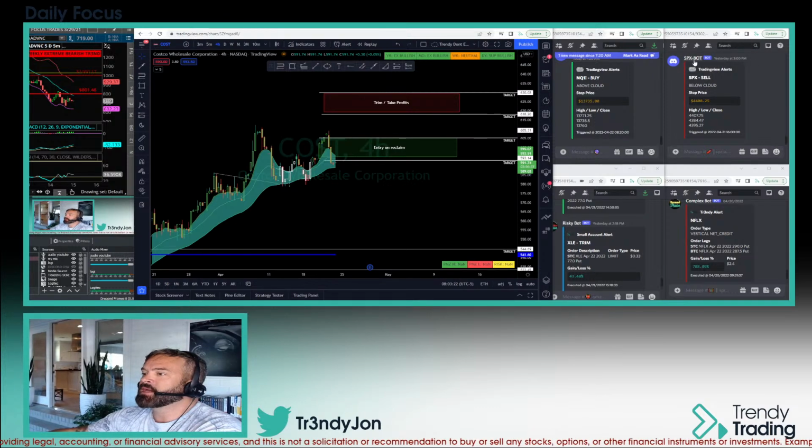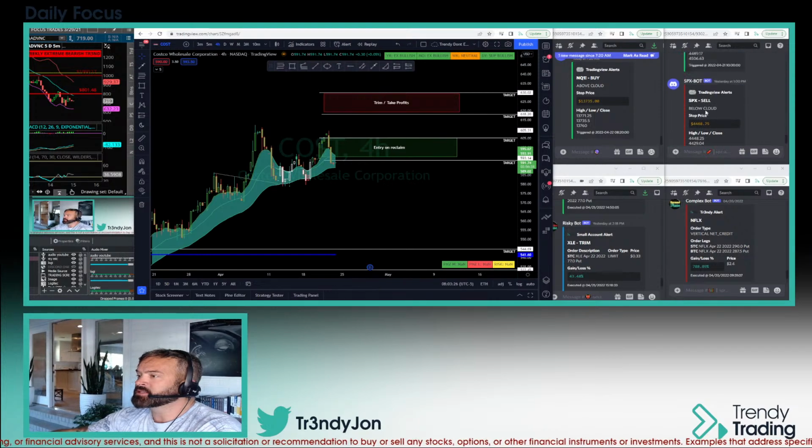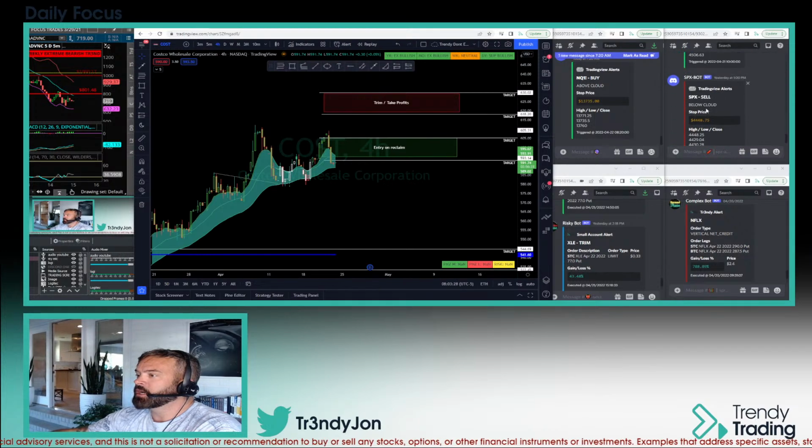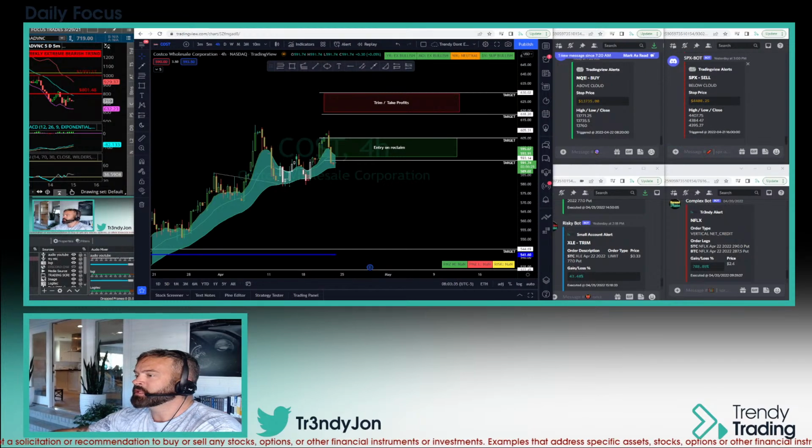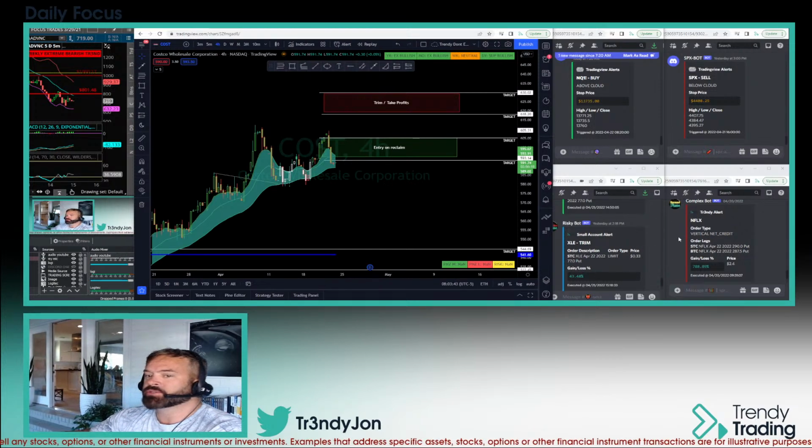This SPX is also working off my methodology to create buy and sell orders. Stops are the same thing here, and closer to the bottom, the close, is where I want to enter if I were to choose to take this trade.